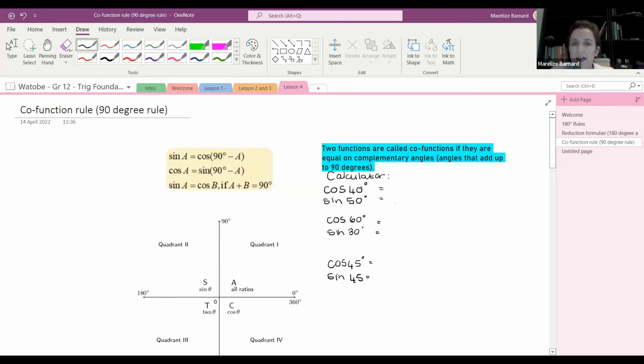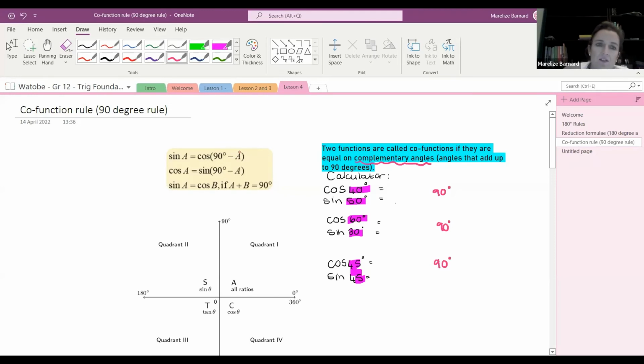The reason is the angles: 40 and 50 give me 90 degrees. 60 and 30 also add up to 90 degrees. 45 and 45 also add up to 90 degrees. So when the angles are complementary, angles that add up to 90 degrees, then the two functions are equal.